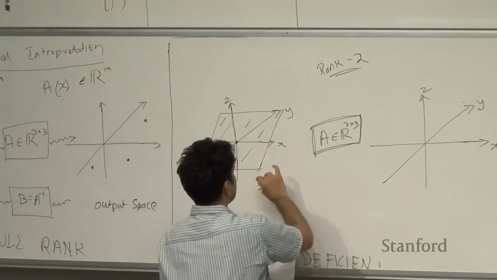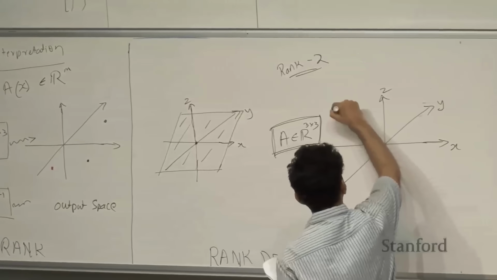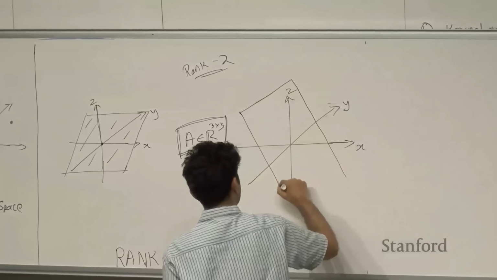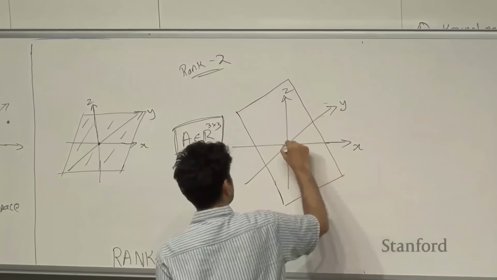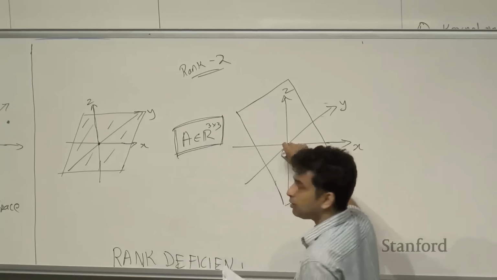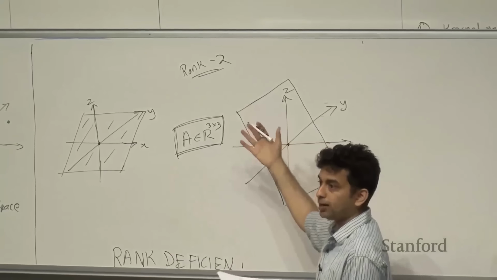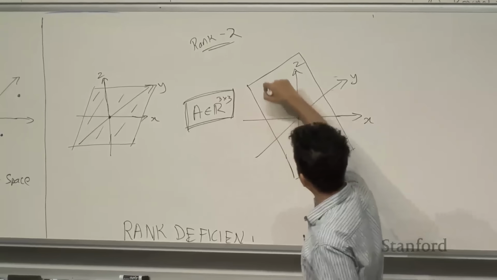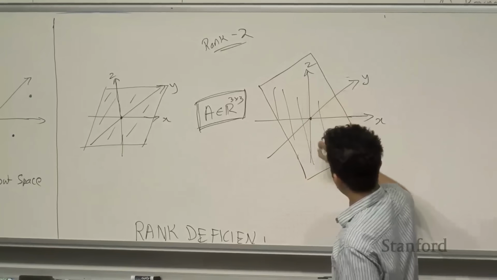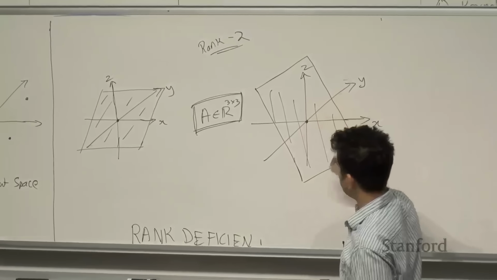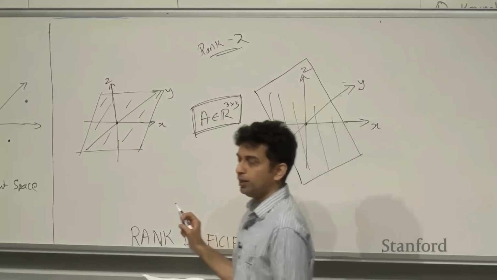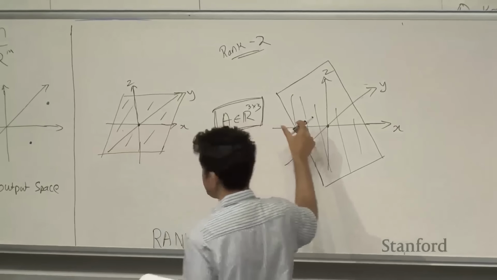And also a corresponding subspace in the output space, which is also 2-dimensional, which is what makes it a rank 2 matrix. There is a 2-dimensional subspace and a 2-dimensional subspace. Again, this also has to go through the origin, and there exists a 1-to-1 mapping between points on this subspace to points on this subspace.